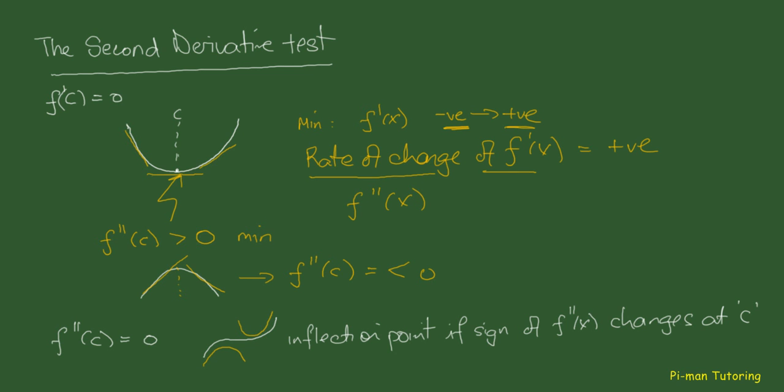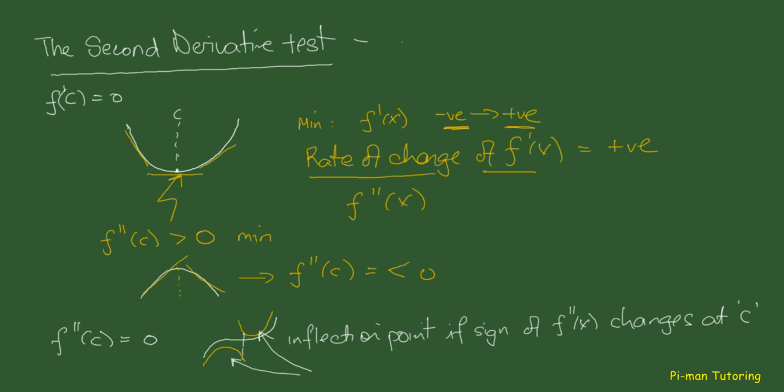So be careful with that. f double dashed equals 0 does not guarantee that it is an inflection point. You must do the second derivative test. The second derivative test is to check the concavity or the sign of the second derivative on either side of the critical point.